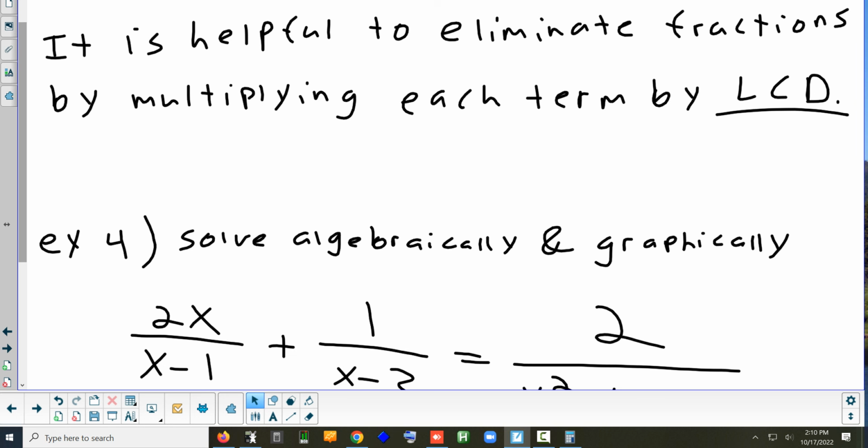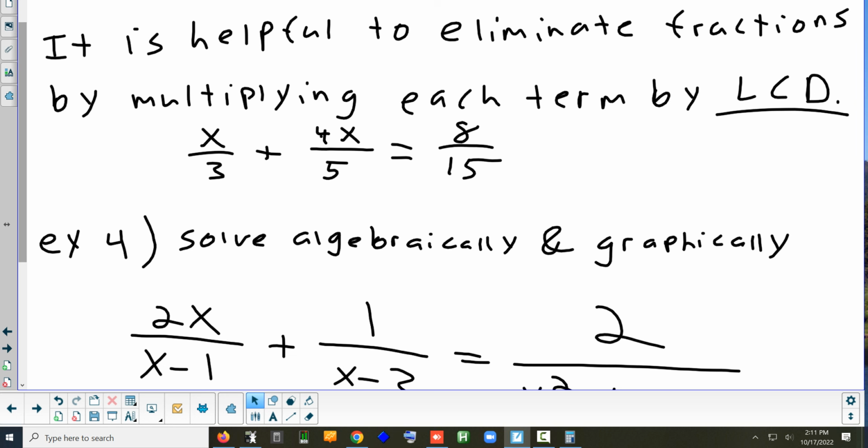Here's an example with numbers. Say you had to solve x over 3 plus, say, 4x over 5 equals, I don't know, 8/15.